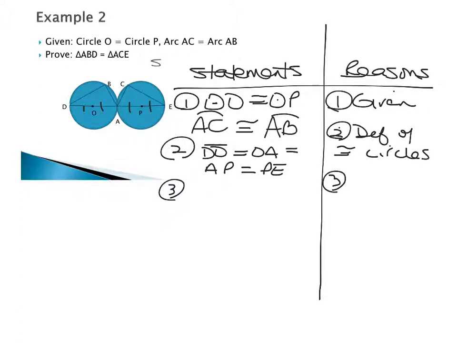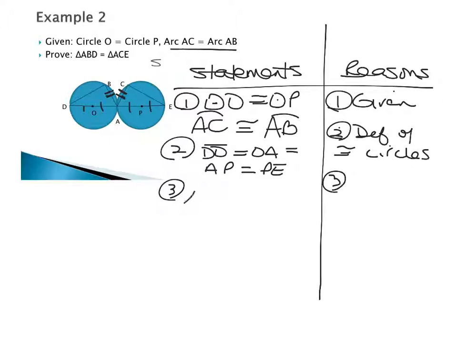Next, notice I had congruent arcs here. So I could also state that AB is congruent to AC because congruent chords have congruent corresponding arcs.